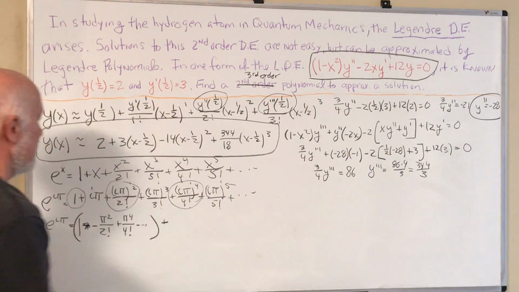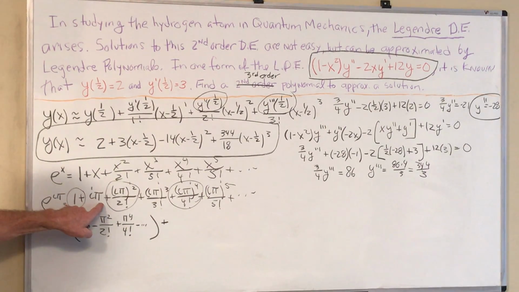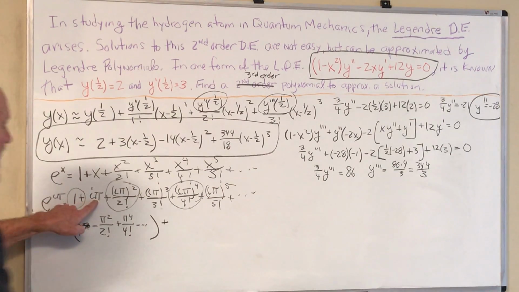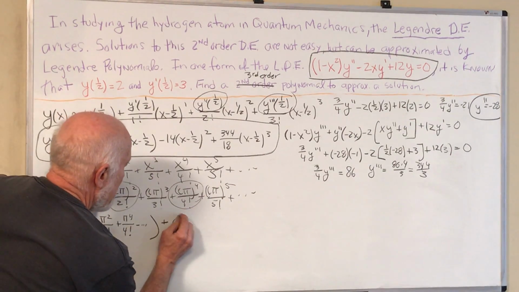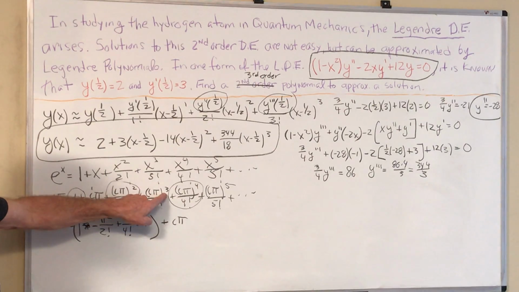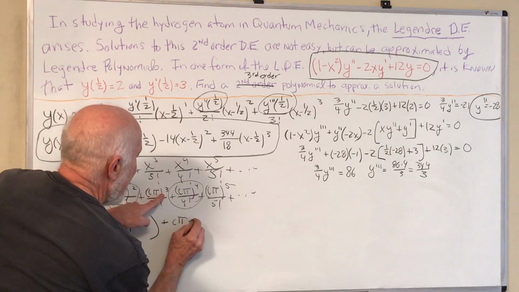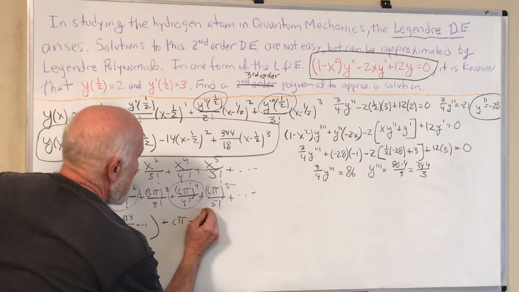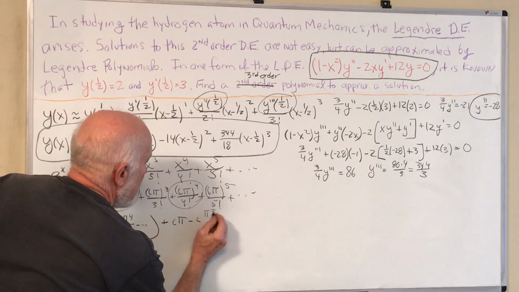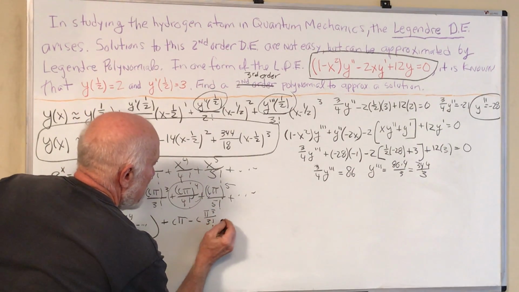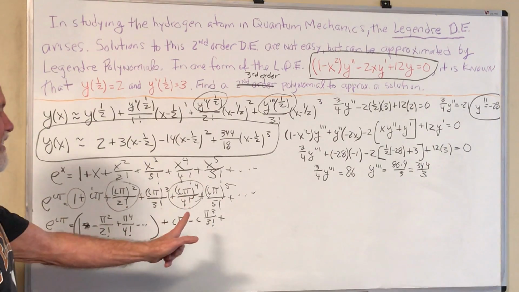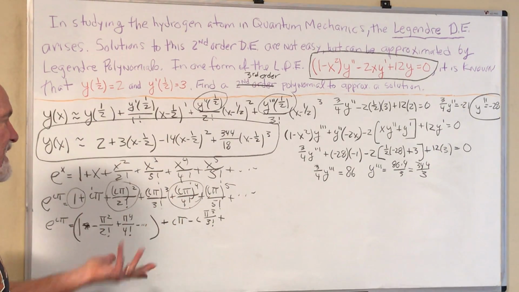Now, let's look at the other terms. You have I pi, and then you have I cubed. Well, I cubed is negative I pi cubed over 3 factorial. And then you get I to the 5th. Well, that's back to just I again.